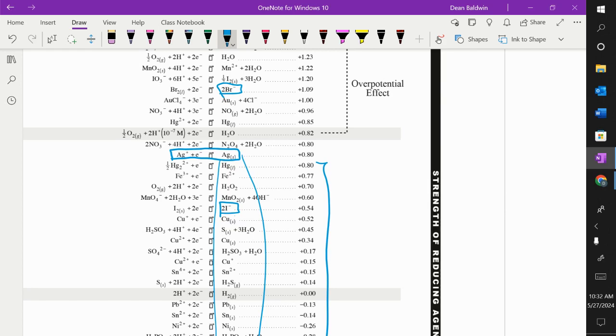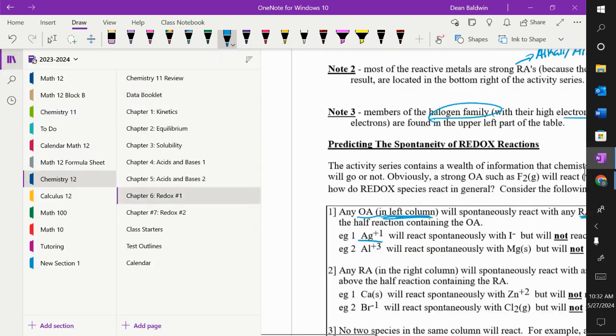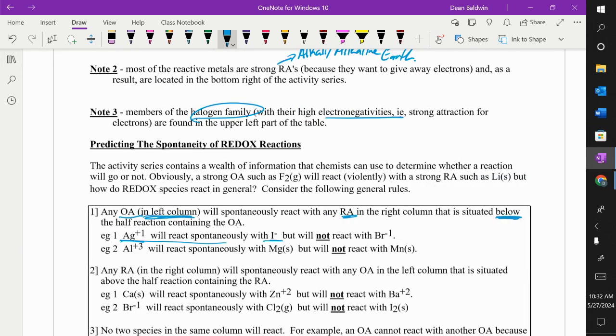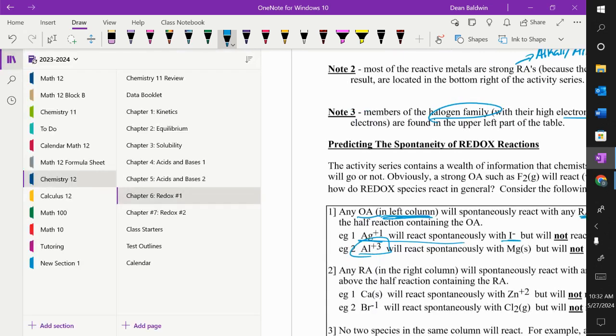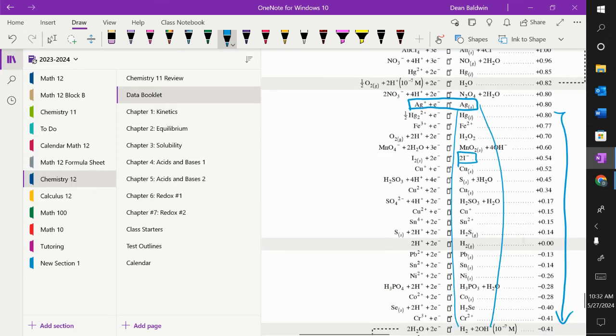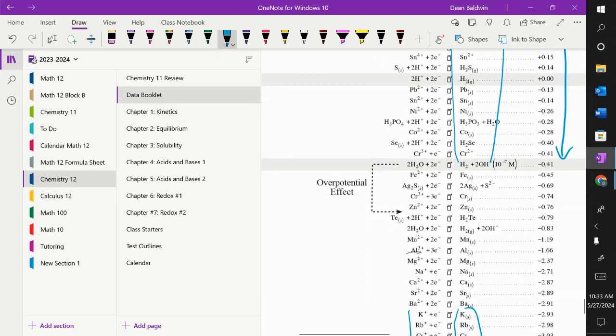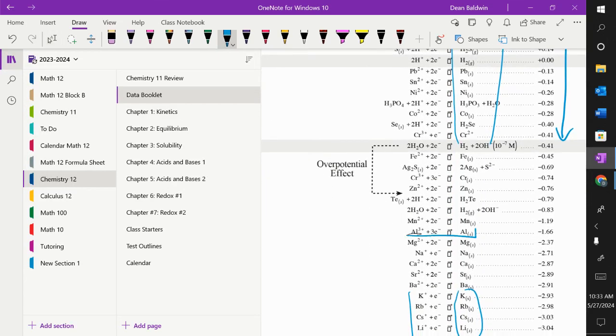And that's all the notes are saying right here. It reacts with iodide, but not bromide. Same with aluminum, it will react with magnesium, but not manganese. Aluminum is right there.